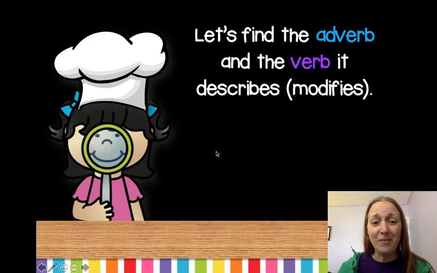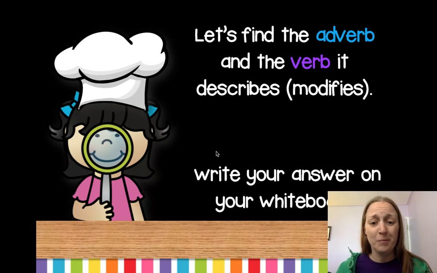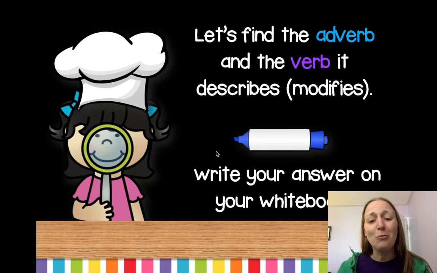All right, now we're going to do the same thing, but we're going to do it with adverbs and verbs. So again, you can't write it on your whiteboard, but you can hopefully call it out as we go through the slides.